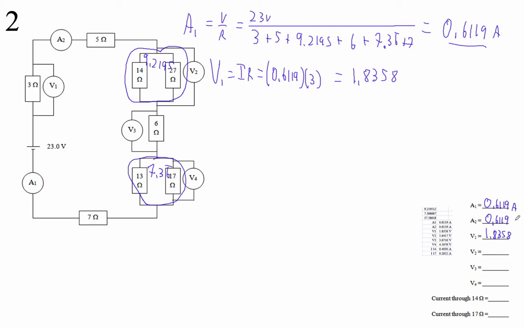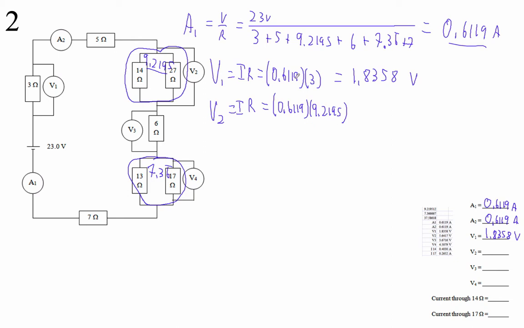So these are amperes, this is volts. Okay. Let's see, V2 is also IR, just a different R, right? So that's 0.6119, and then the resistance is this 9.2195. So now I got to find that number.